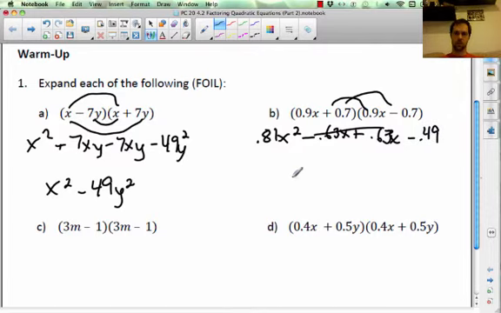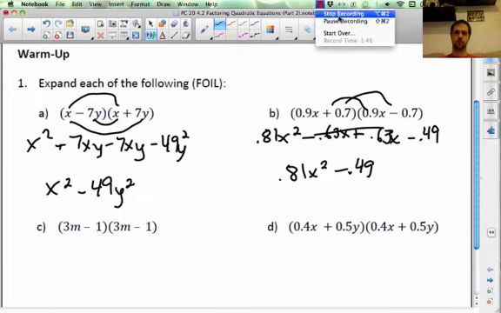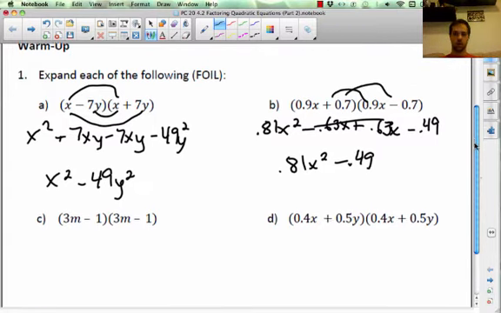And of course those cancel out and we get 0.81x squared minus 0.49. On to the next one.